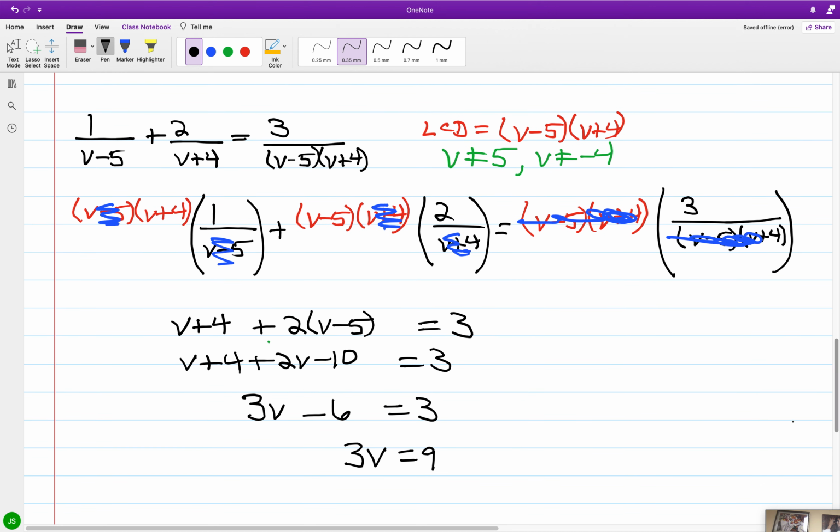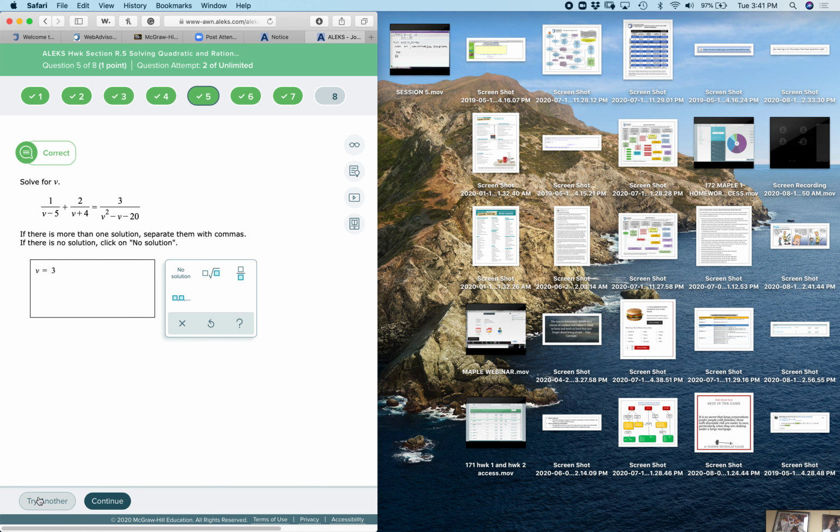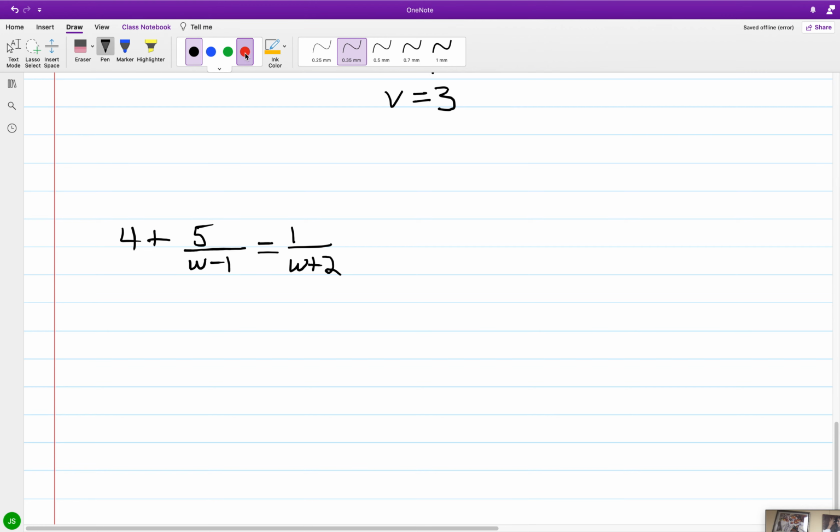With division by 3, we have that v is equal to 3. So it satisfies both restrictions. Testing out v at 3 and checking, the result is correct.